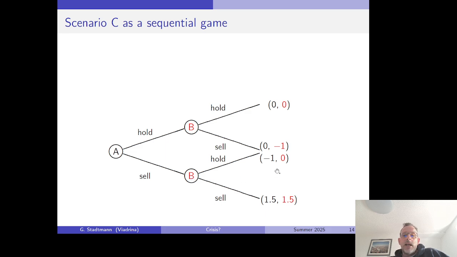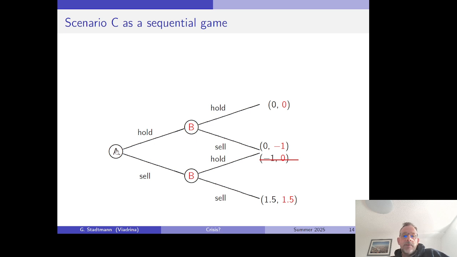So player B has to think about 0 or 1.5. 1.5 is higher. So in case player A has opted for sell, player B will not hold, but will also opt for sell. So we can rule out this payoff here. We can rule out this strategy option. Player B will not hold in case player A has attacked.